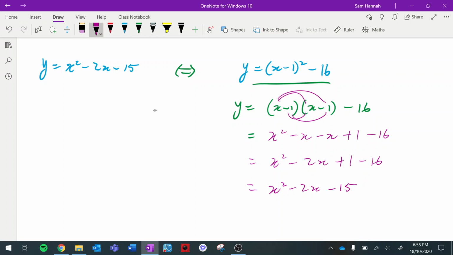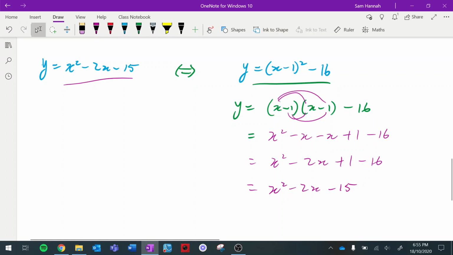Okay, and you see what we end up with is actually what we had over on the left-hand side in expanded form. So you can see that they're actually the same. They're the same equation. So, nevertheless, even though they're the same equation, the way that you would actually sketch the graph, the procedure you go through is actually a little bit different, as you just saw.